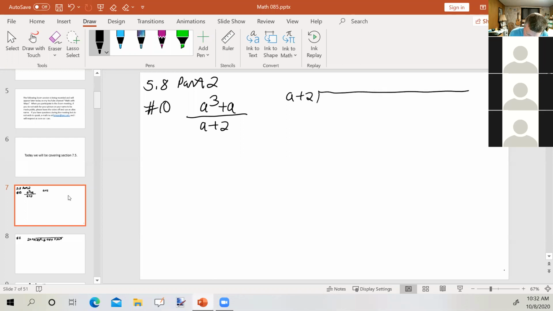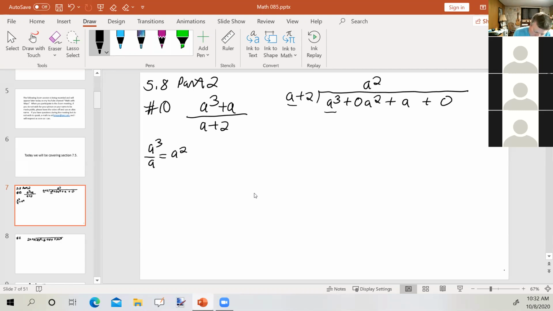On the inside, I've got some terms missing, so I'm going to put a cubed plus 0a squared plus a plus 0 in case I need the constant term. Any question as to why I filled in those missing columns? All right, we're going to focus on the leading terms. I'm going to take a cubed divided by a, which is a squared. That goes up there.